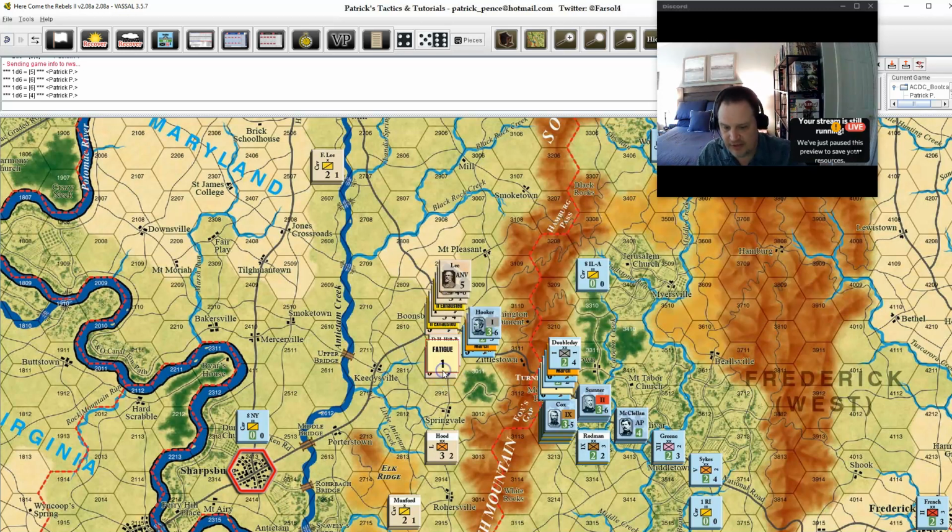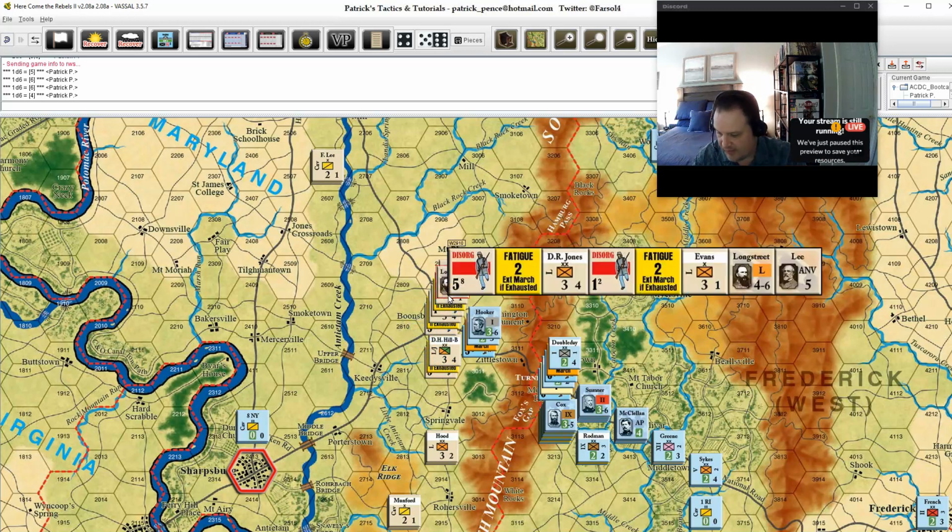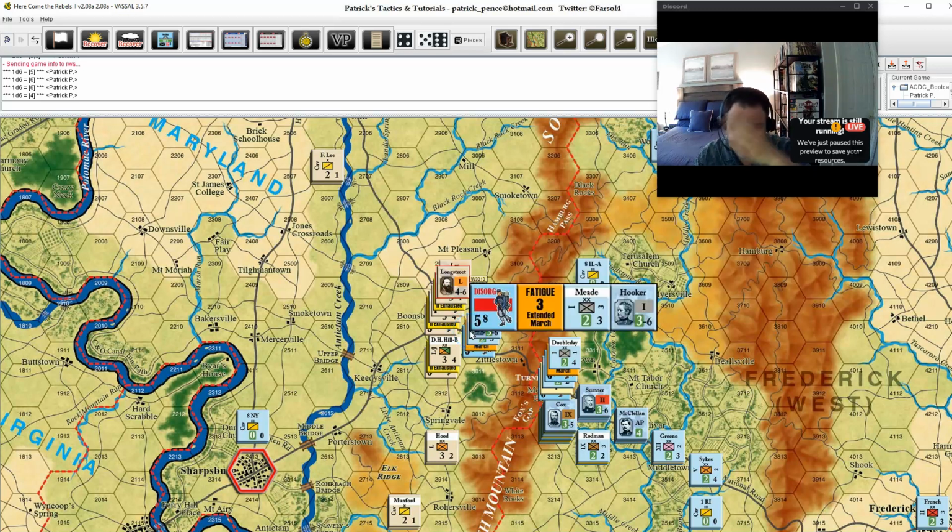Now Hill wants to come in, so we will advance him to fatigue level 2. So we'll run through the numbers here again, as you saw. Now we've got a type as a +1 because it's an assault. It's a tactical of +1 because it's Longstreet attacking Hooker. So that's +1 for that.